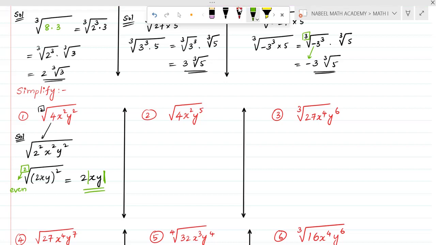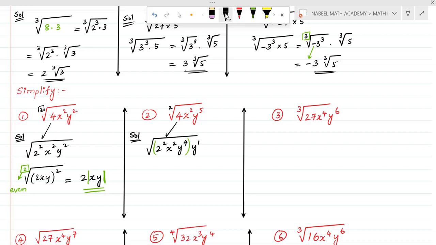Now the next one here. It is also the powers of 2. I write 2 power 2, which is 4, and then x square and x y power 5. I write y power 5 as a multiple of 2, y power 4, and remaining y power 1. Up to this part I will make it one term.